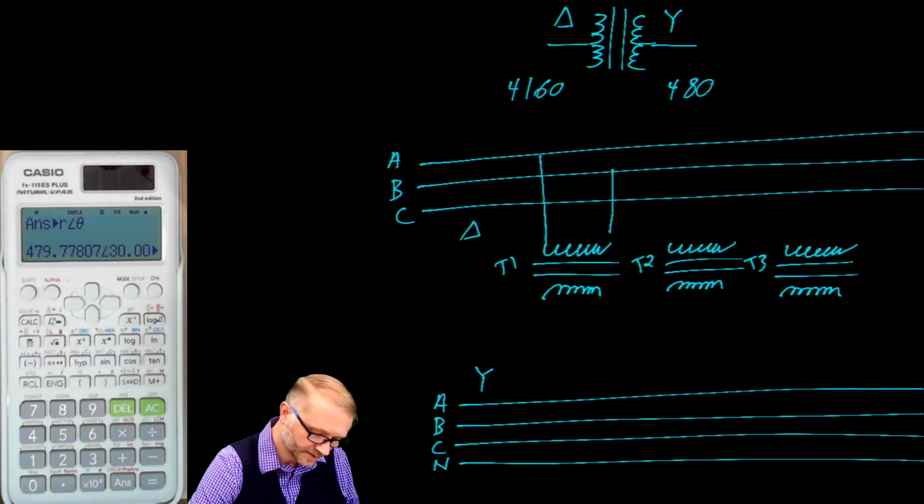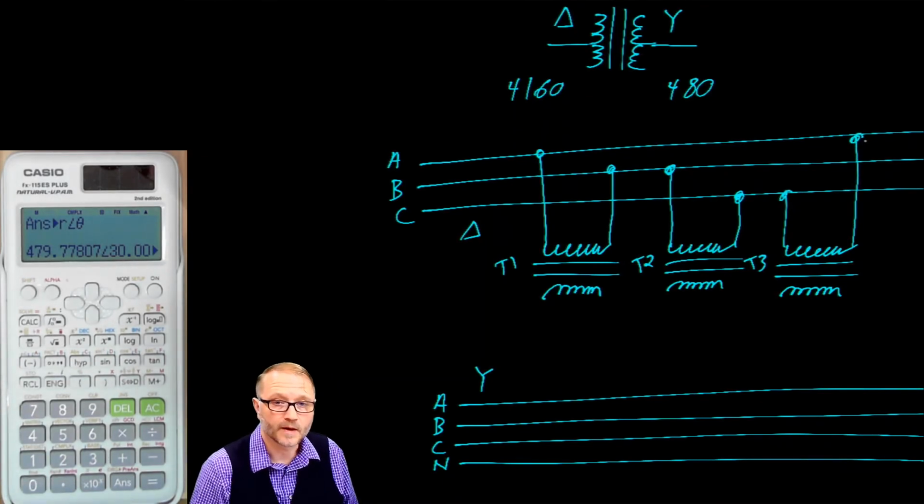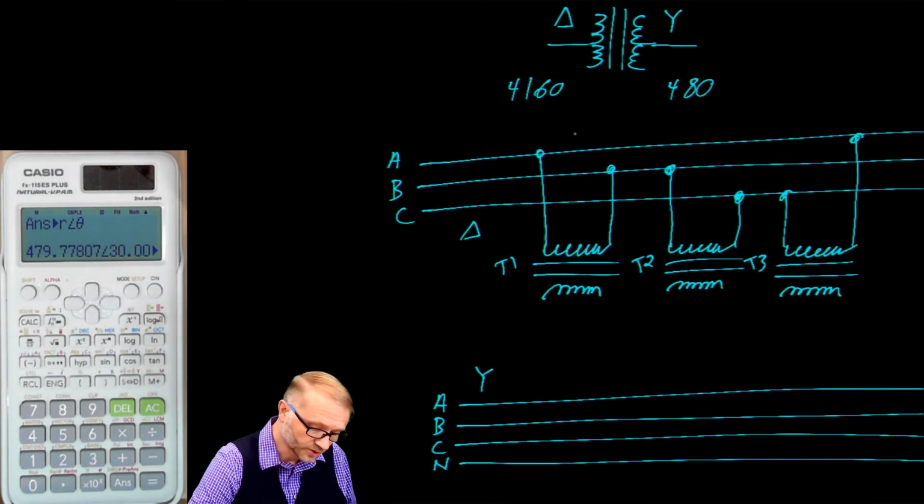So we'll let that one go from A to B. We'll let transformer 2 go from B to C. And then this last one, C to A. Now remember I said that deltas were loops where you could travel around the edge of the loop. Let's see if we've done that. So here is the loop.